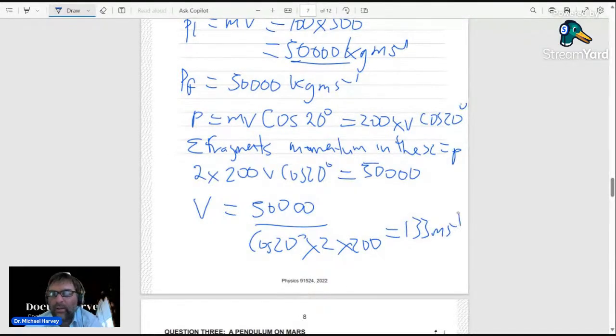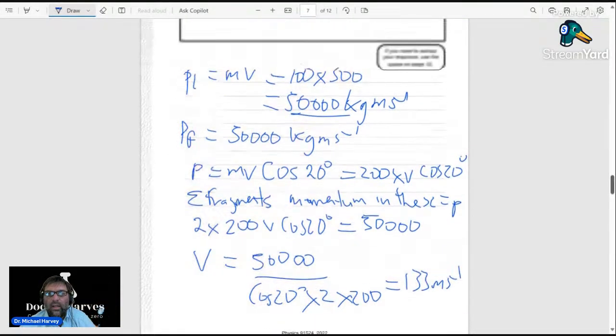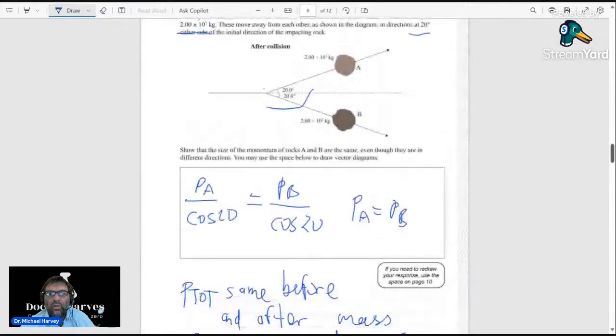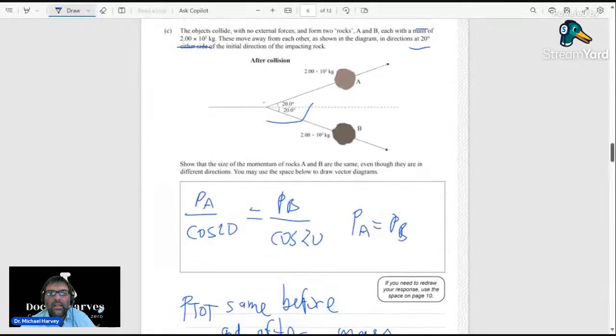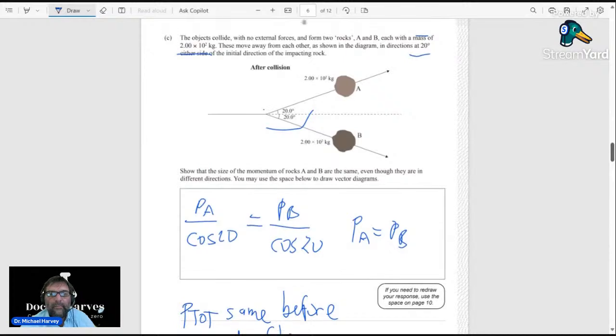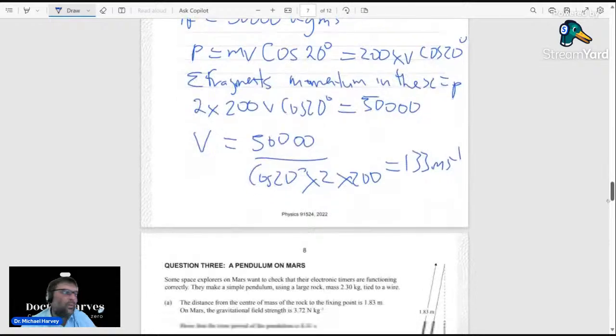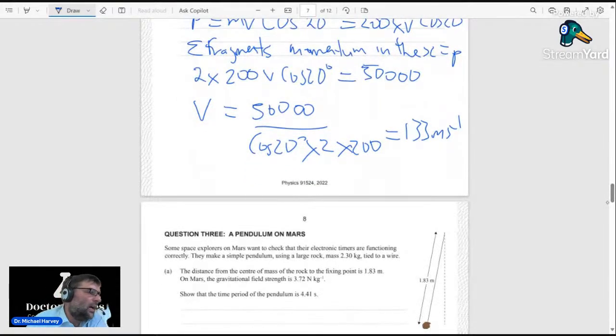And if you look at the original values, you're probably looking at a sensible number in terms of its velocity. Okay, so about 133 meters per second.